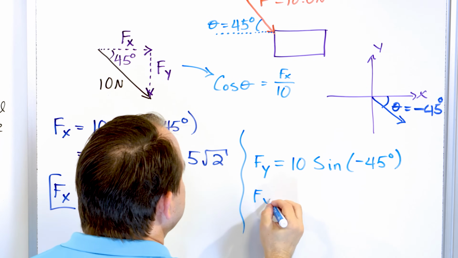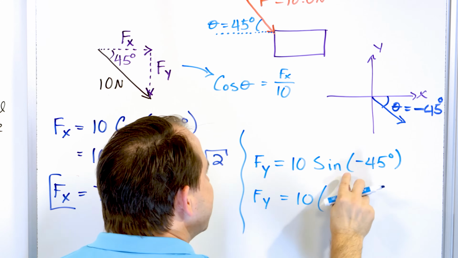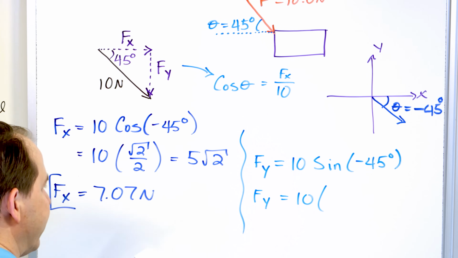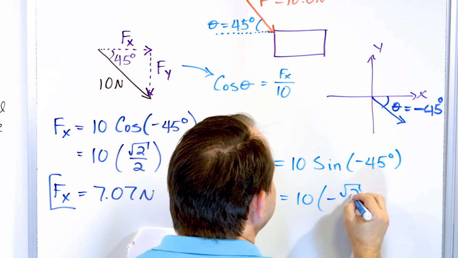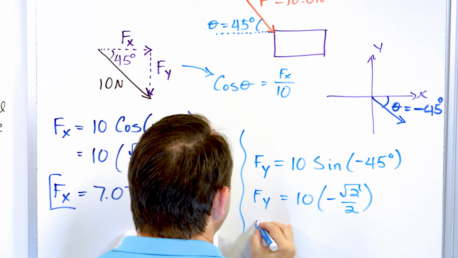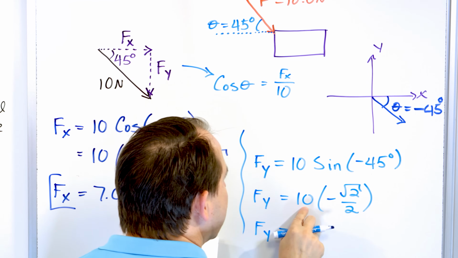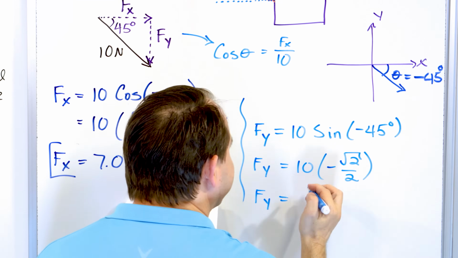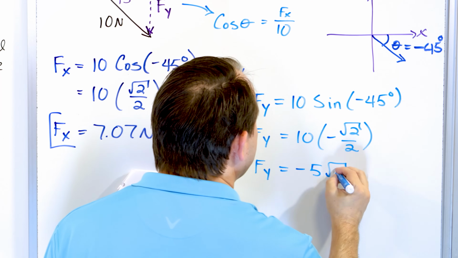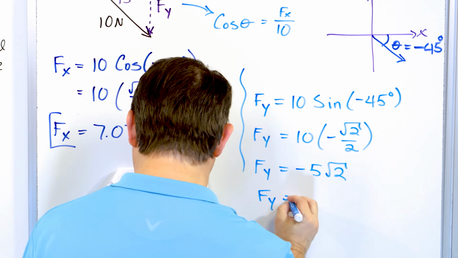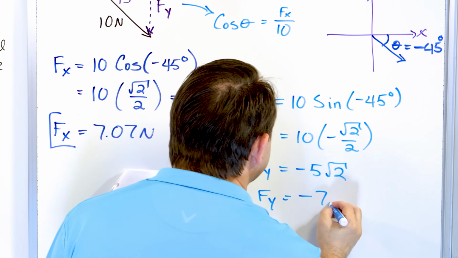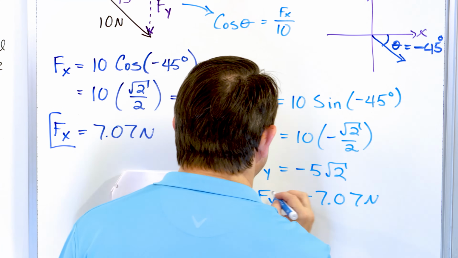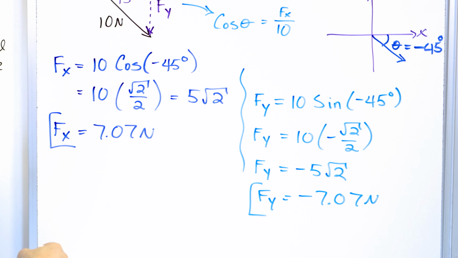And then we find out the sine of a negative angle gives me a negative answer, and what you get is a negative square root of 2 over 2. So 10 divided by 2 is 5, but the negative sign means you have negative 5 times the square root of 2. And so what you have here is negative 7.07 newtons. And this is the vertical component of that force.